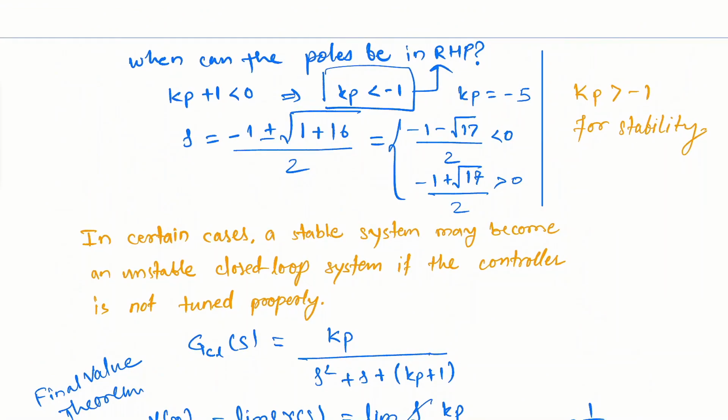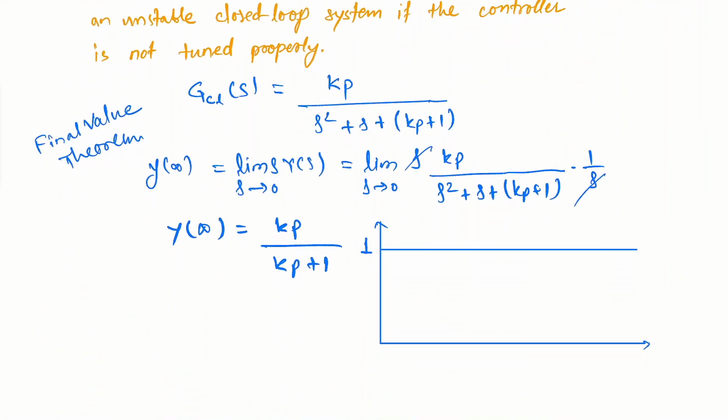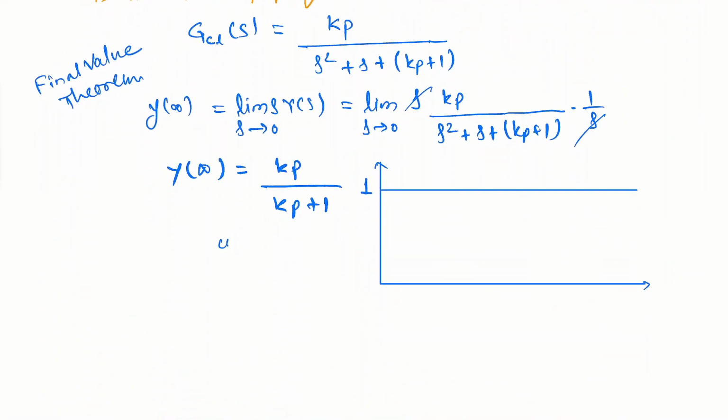Alright, and if say Kp we are considering to be some value which is greater than minus 1, say consider Kp is equal to 2, this will ensure stability of the closed loop system. The steady state value would be 2 over 2 plus 1, that is 2/3, roughly 0.66.